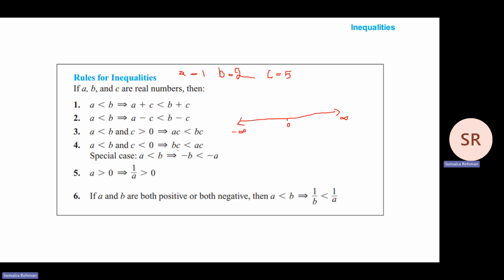So if we take c as -1, which is less than 0, and we multiply it with the b quantity, that is 2, then 2 into -1 would be -2.